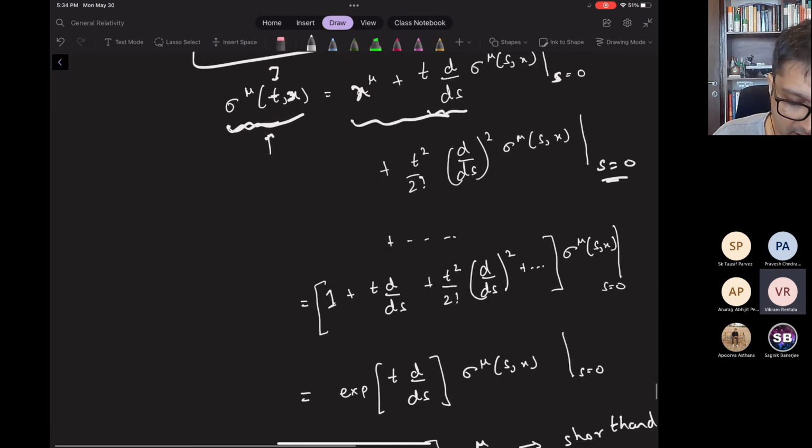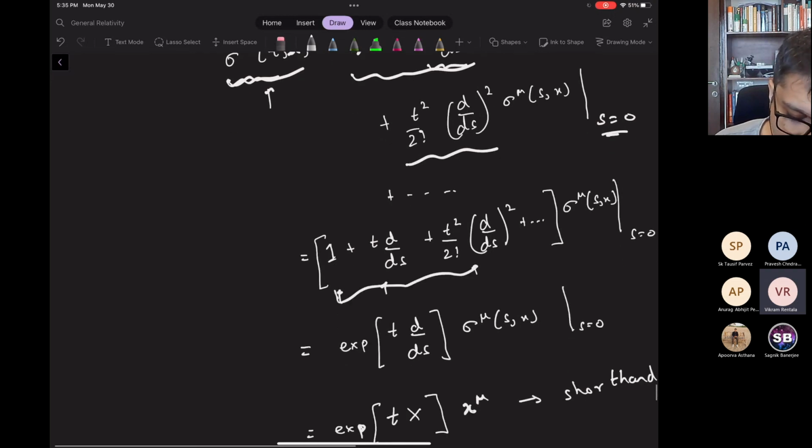So I can write all of this in terms of an operator, which is 1 plus t d by ds plus t squared by 2 factorial d by ds squared plus so on, acting on sigma mu s x, where I evaluate all of this at s equal to 0. So first take the derivatives, then evaluate at s equal to 0.